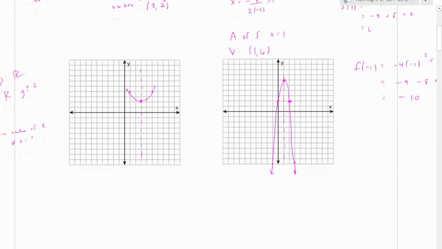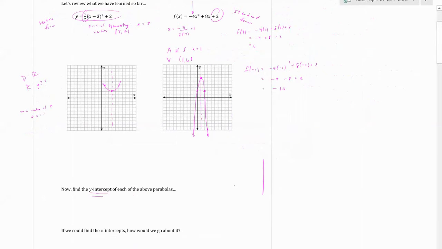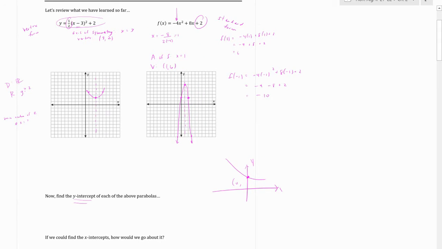Of course, granted, I've got points most of the time, but remember, anytime you're doing a y-intercept, here's an x, here's a y, the x is 0. So if I go back to that first one and say, okay, what's my y value when I plug a 0 in for x?